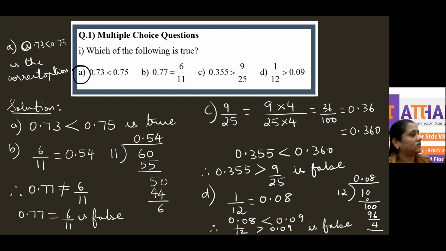If one decimal has 2 digits after the decimal point and another has 5 digits, they are unlike decimals, but you can make them like. To the decimal which has 2 digits, add 3 zeros, then they'll become like decimals.